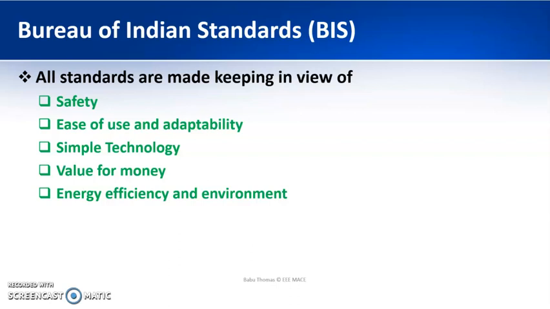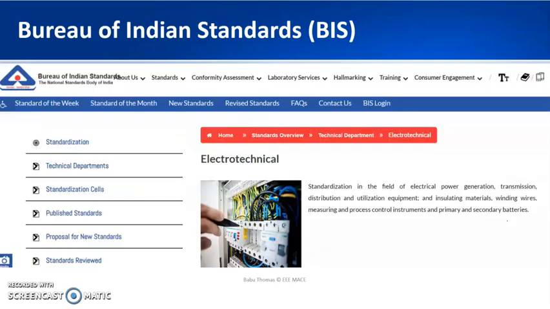Now, in order to come up with the standardization procedure, the Bureau of Indian Standards has different technical departments. All the standards related to electrical systems, electrical power generation, transmission, distribution and utilization of equipment, and insulating materials are discussed by the Electrotechnical Division of the Bureau of Indian Standards.